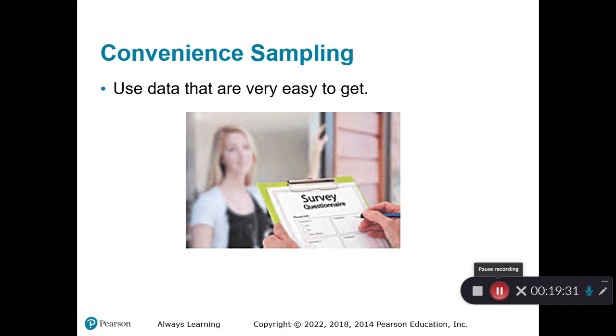So for example, the people who turn a specific corner at a theme park may not represent those guests who don't even visit that part of the theme park at all. Imagine if that part of the theme park was catered to small children. Well, guests who don't have small children may opt to not go there at all. So you are getting a sample, but there's really not a very good chance that that sample is going to be truly representative of the entire population of interest.